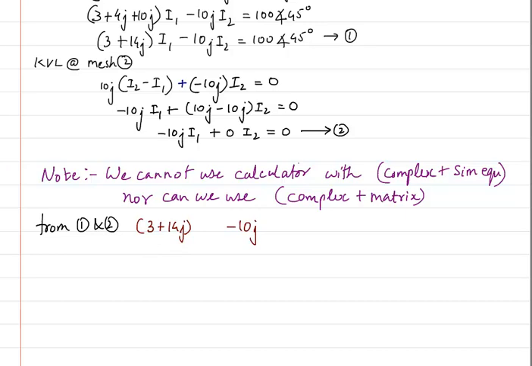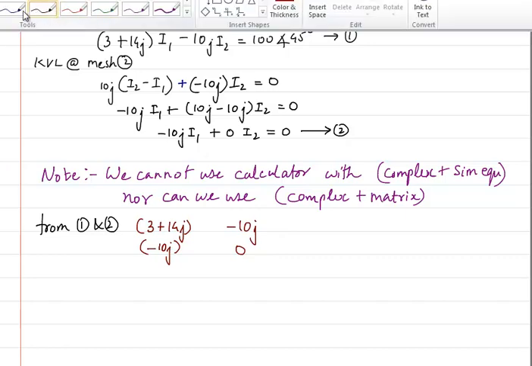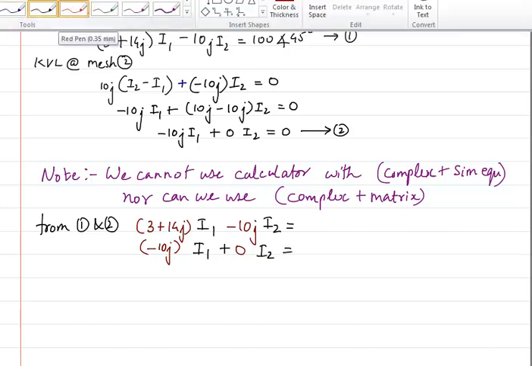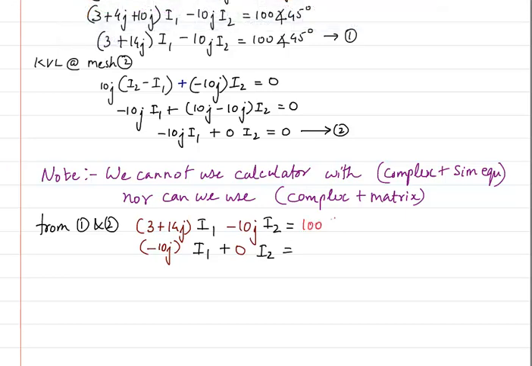The second equation is minus 10j I1 plus 0 I2 is equal to 0.